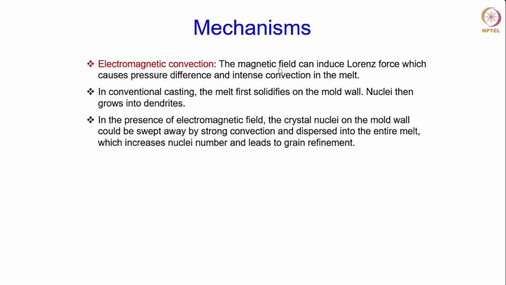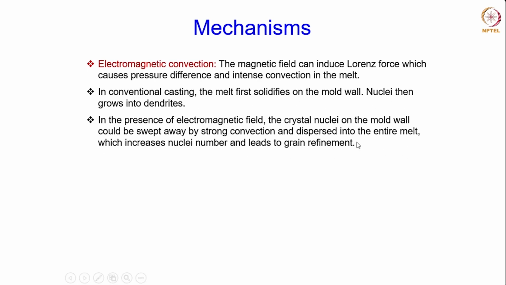melt, right? And now when the solid crystals are forming on the mold wall, they can be broken away or swept away by this strong convection and will be dispersed into the entire liquid metal, right? And this will increase the number of nuclei and would lead to a high nucleation rate, ultimately leading to grain refinement.